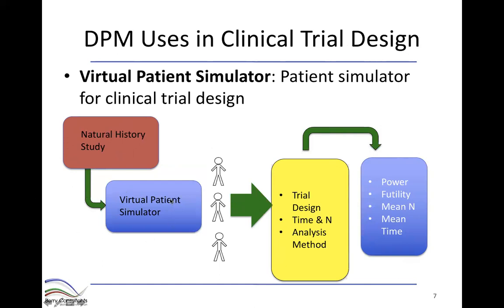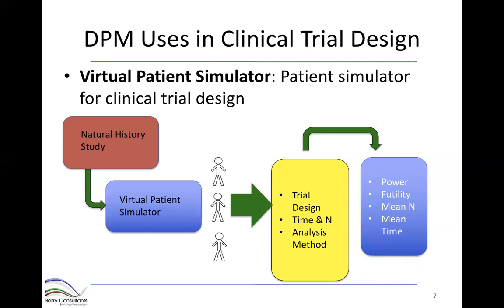The patient-level data then enters into a prospectively defined clinical trial design, just as a patient would enroll into a trial. And then we can do this thousands of times in clinical trial simulation to understand the power and different operating characteristics of the prospective proposed design.